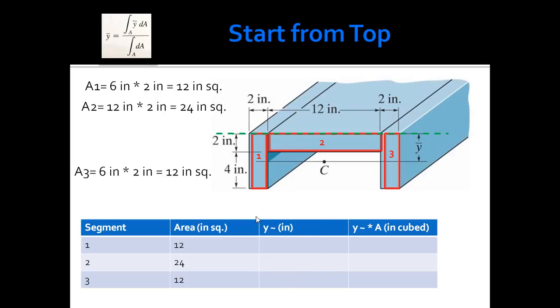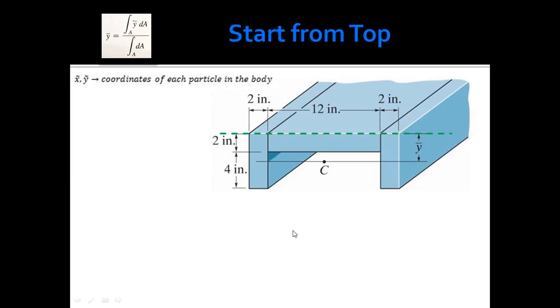The next thing we need to find is y squiggle. So y squiggle, once again, is the coordinate of the center of every single element that we're using, right? So y squiggle here would be halfway down this rectangle. Y squiggle here would also be halfway down, so it would be this section.